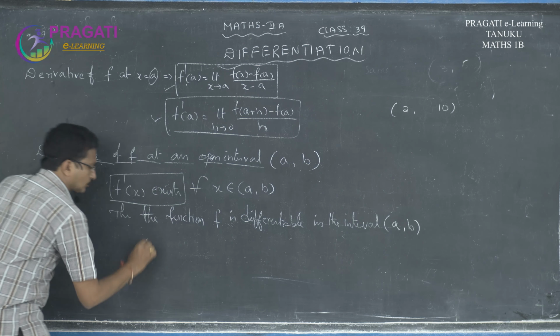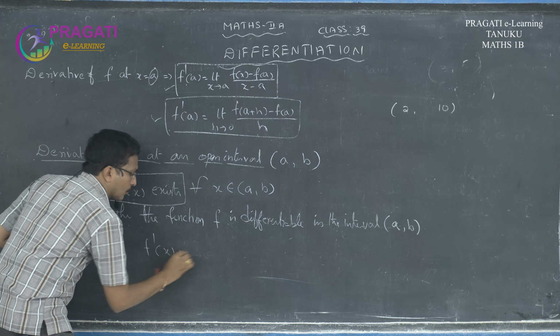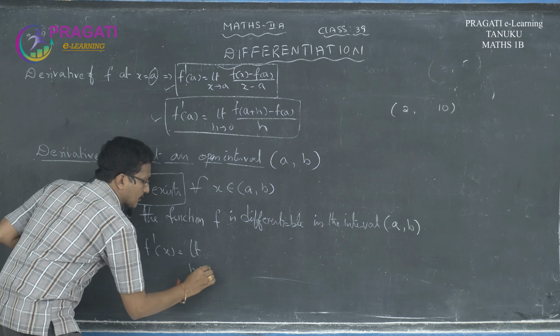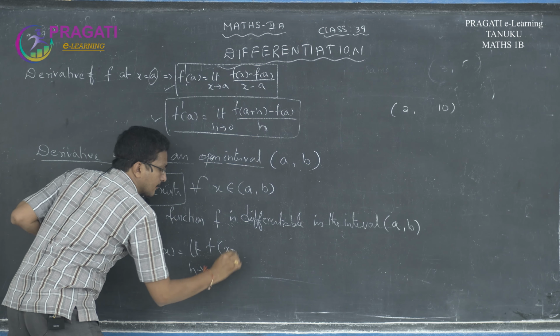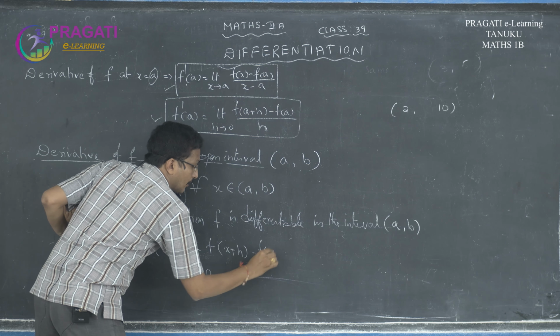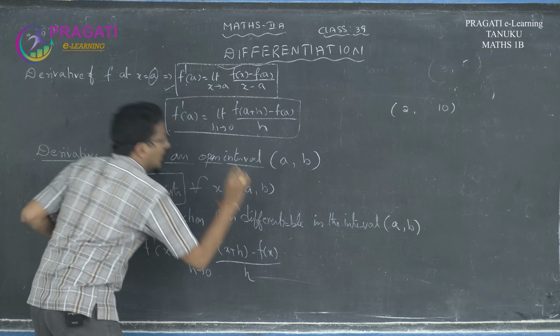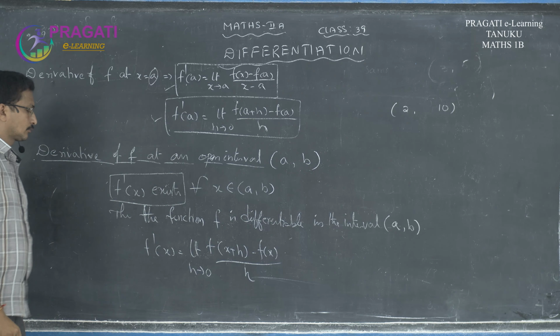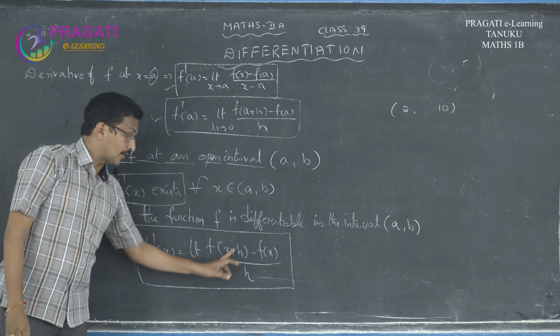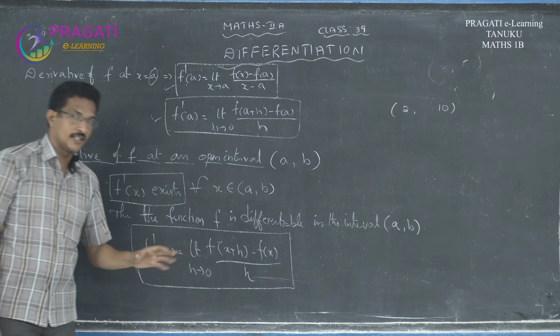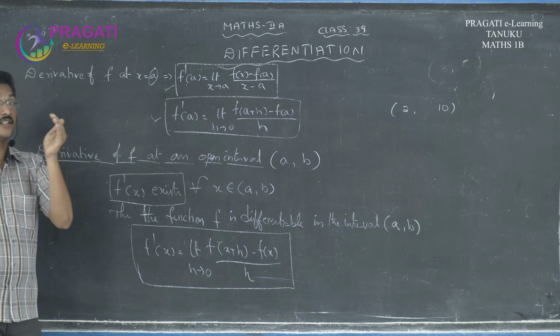Then f dash of x is equal to limit h tends to 0, f of (x plus h) minus f of x, by h. If it exists, then the function is differentiable.